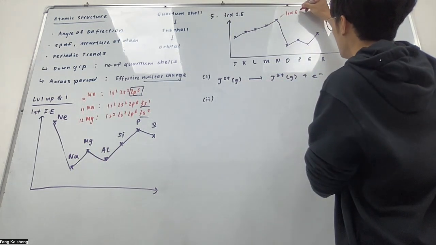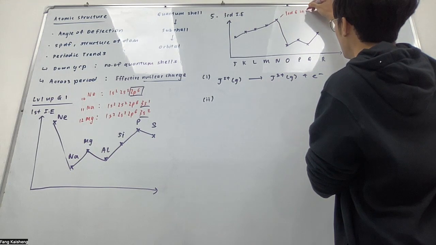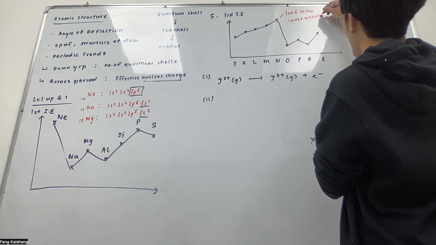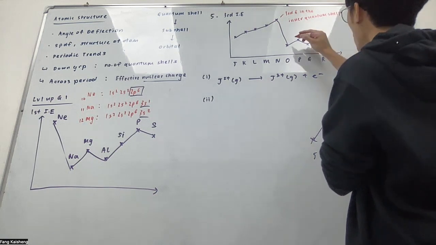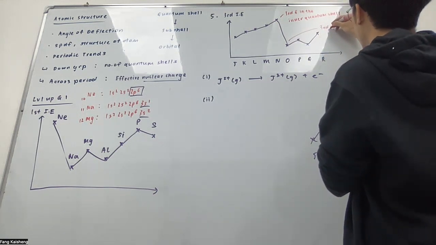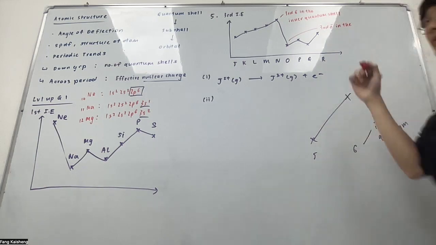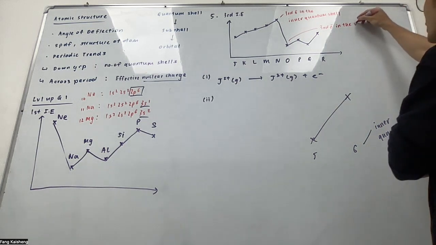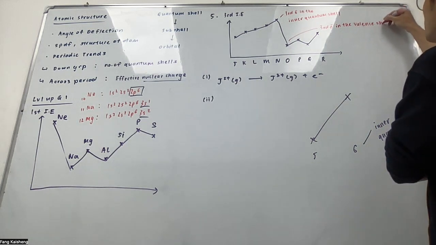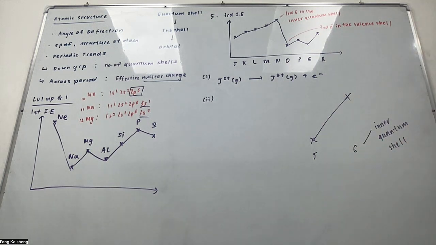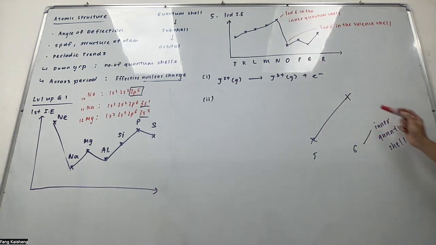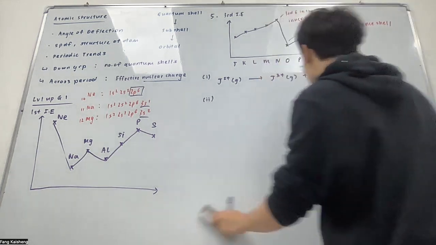Third electron is in the inner quantum shell for N. But for O, it should be in the outer shell, the valence shell, so that it is super easy to remove. You can explain it both ways, but I prefer to explain in terms of N, because N is the one that we've been explaining just now. A lot of energy means it is in the inner shell.